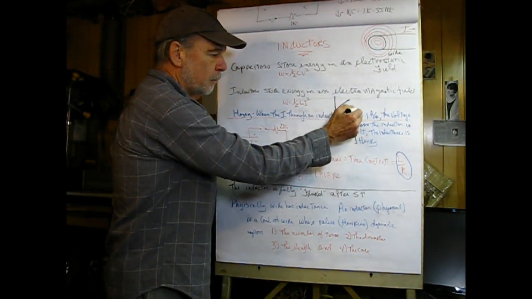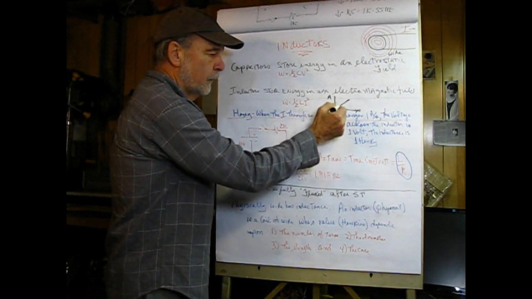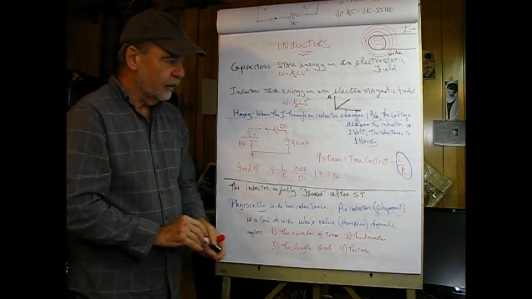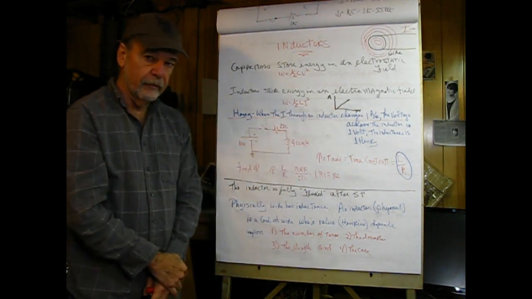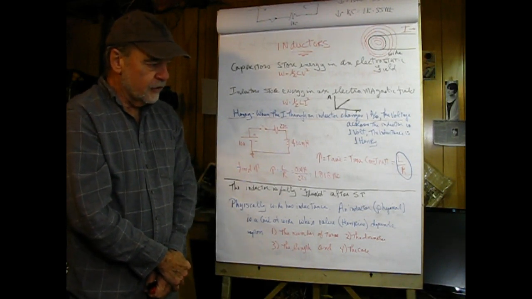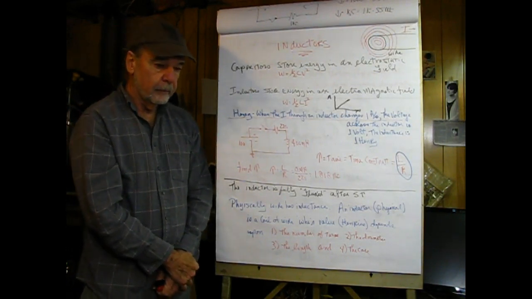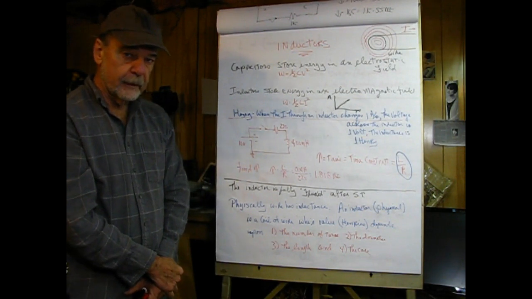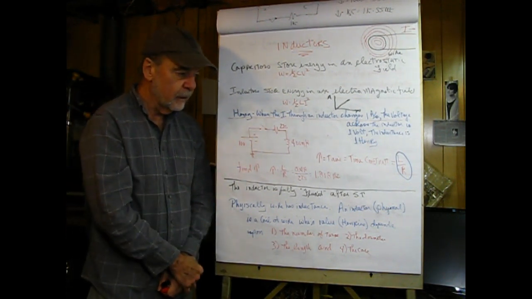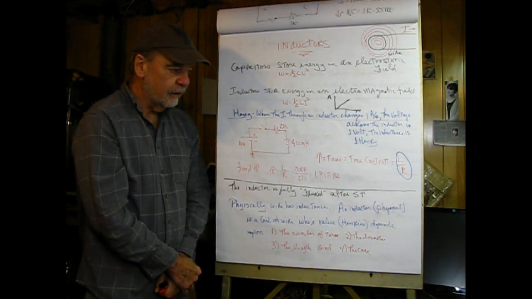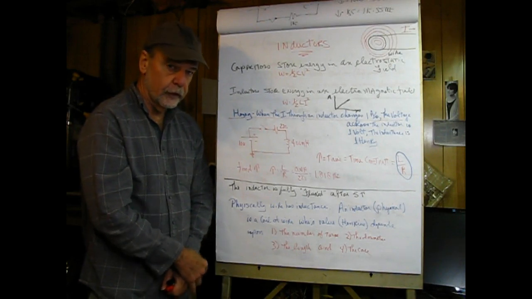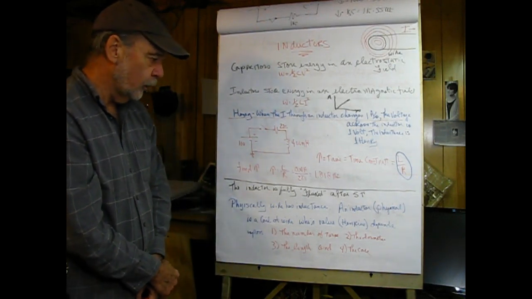This would be time, and this would be current, and that is changing at a rate of 1 ampere per second. Physically picturing a device that can do that would be difficult. It would take multiple components to do it. But the magic term here is Henry, and like the farad, it has subcategories: millihenries, thousandths of a Henry, microhenries, and so forth. I've never seen anything with a kilohenry, which would be a huge inductor.